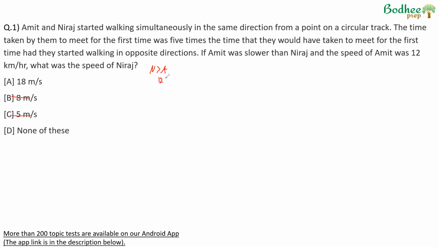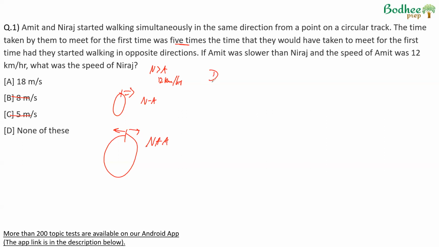because Amit's speed is 12 kilometers per hour. Now, when Neeraj and Amit are moving in the same direction, the relative speed will be n minus a. When they are moving in the opposite direction, the relative speed will be n plus a. If the speeds of Neeraj and Amit are n and a respectively, it is given that the time was 5 times in the case they were moving in the same direction.